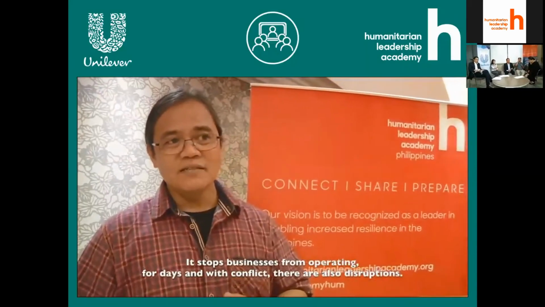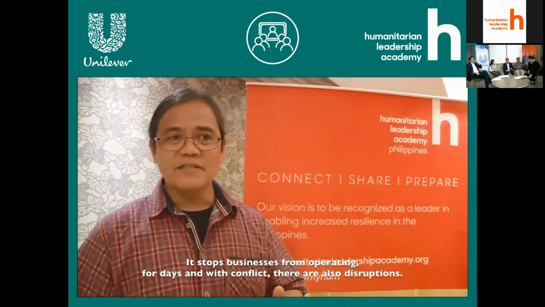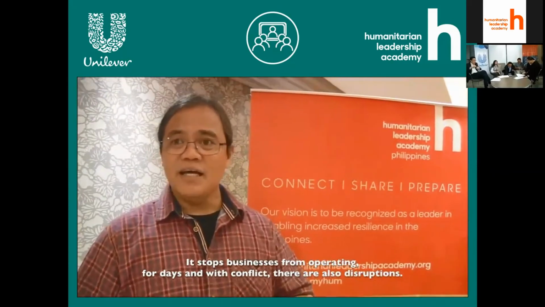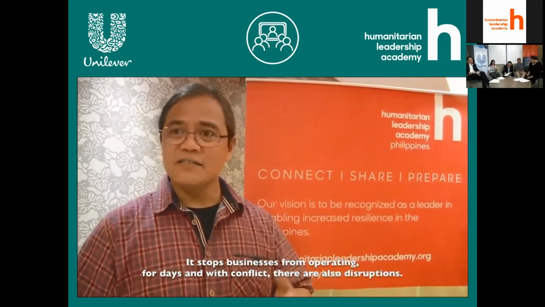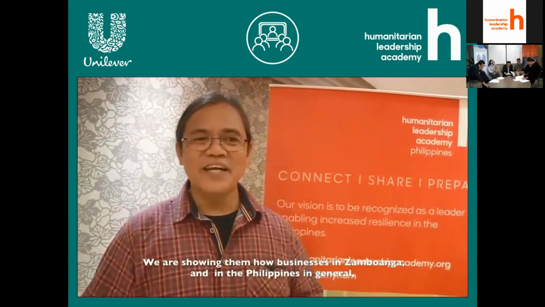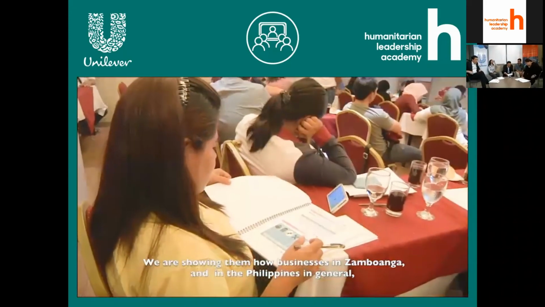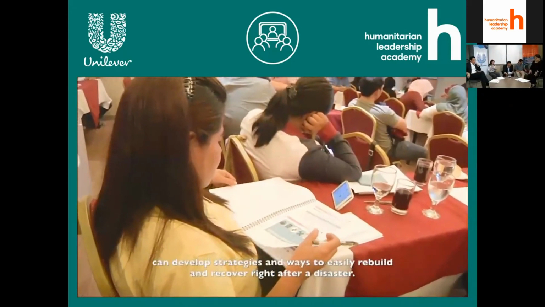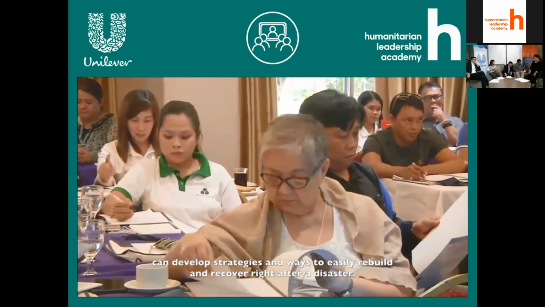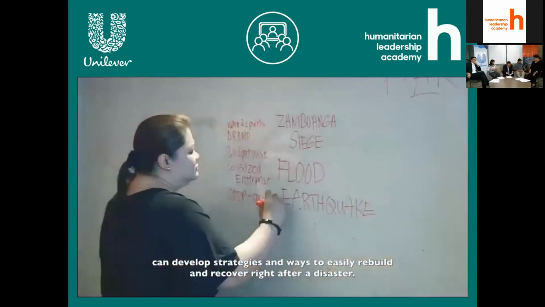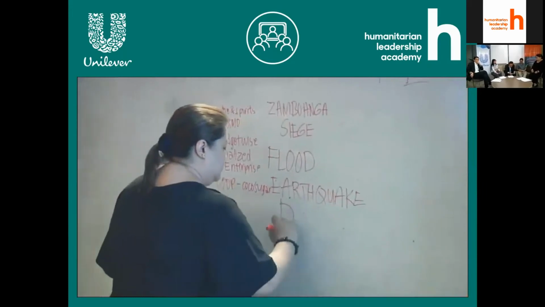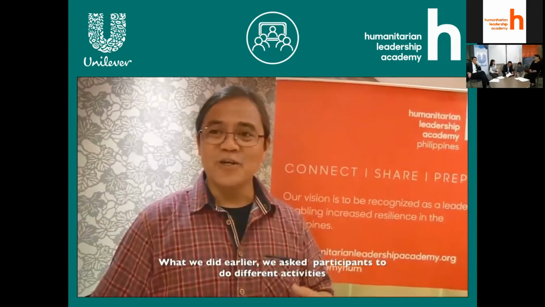Pinapatigil nito minsan ng ilang araw yung isang business. At sa halimbawa sa giyera, nagkakaroon din ng mga distractions kung paano gawin ng mga businesses ng Zamboanga at generally sa buong Pilipinas na mga strategies, pamamaraan para madali silang makatayo ulit pagkatapos ng isang sakuna.